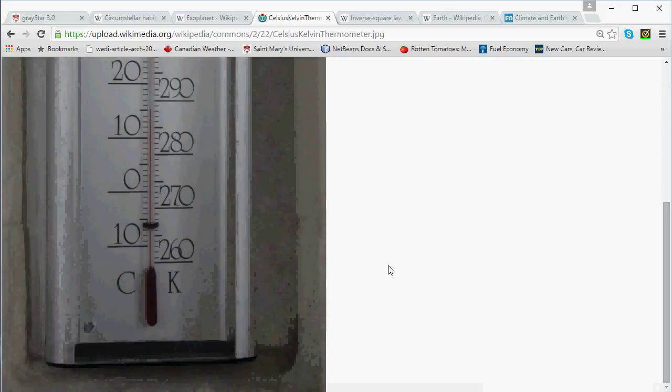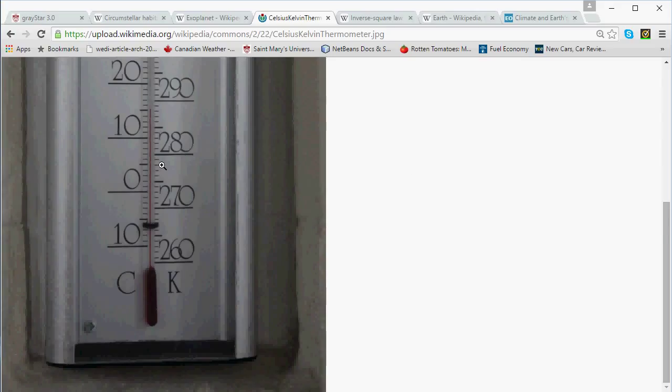To convert between these two temperature scales, it's just a matter of shifting the 0 point by 273 degrees. If you have a temperature in Celsius, you simply add 273 to it in order to get the temperature in Kelvin. So if we have a temperature of 0 degrees Celsius where water freezes, right here on the scale on the left, that corresponds to 273 Kelvin.